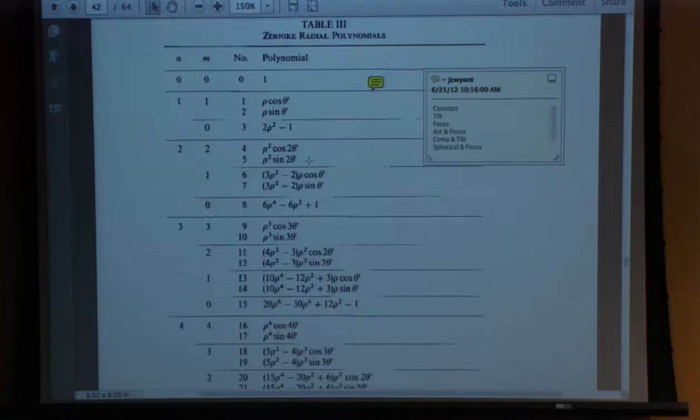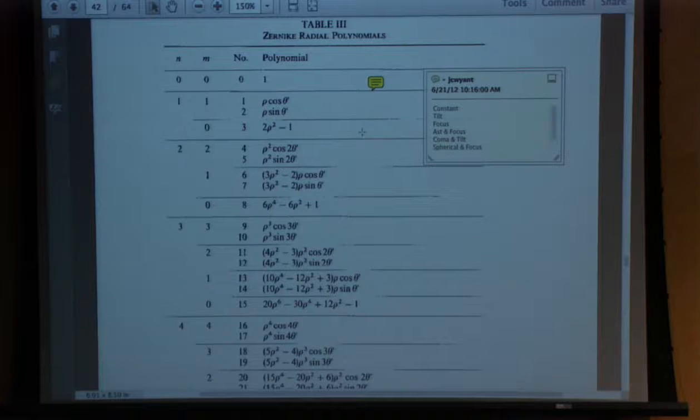The next one, a rho squared cosine 2 theta and a rho squared sine 2 theta would be an astigmatism term with some defocus added into it. And we'll see some contour maps in just a second on that. And so it's just the right amount of defocus, it turns out, to be orthogonal with the lower terms, and in particular the focus term here.